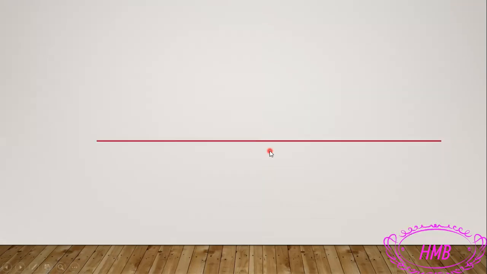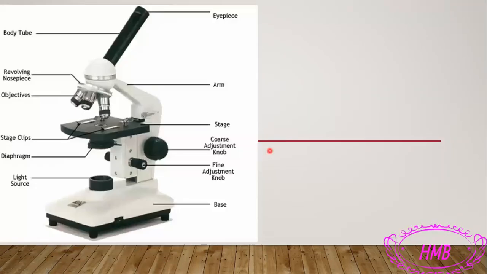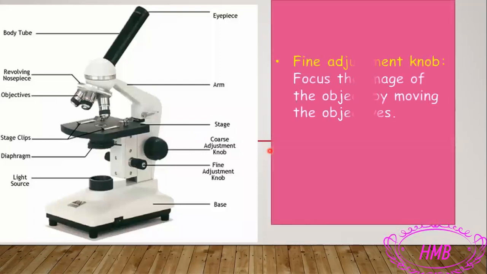Okay? Let's continue. We are still with the parts of the microscope, and this time we are with the fine adjustment knob. This is the fine adjustment knob. The fine adjustment knob focuses the image of the object.